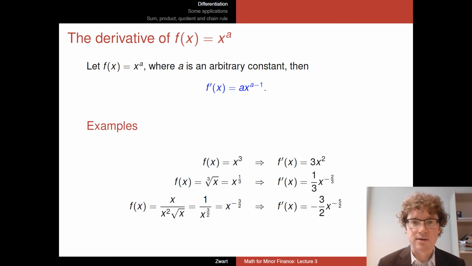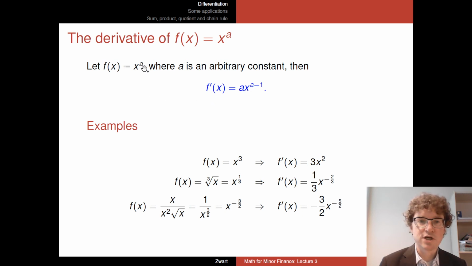So a might be 2, then we would have x squared, but might also be 3 or 4, or perhaps even minus 1 or minus 2. So if f of x equals x to the power a, where a is some constant, then how do we compute the derivative? Well, the trick here is the rule.